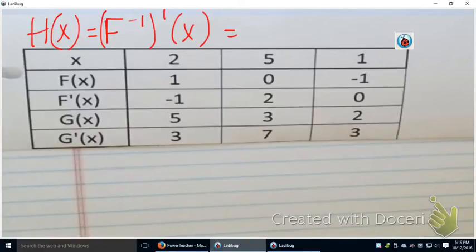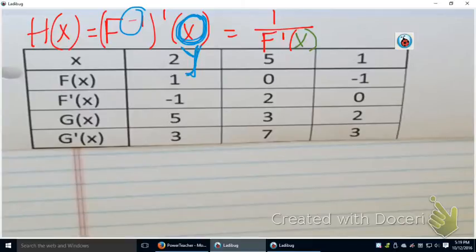The rule to find the derivative is 1 over f prime of, I'm going to go ahead and call it x, and what happens here is this really isn't x. Even if it says x, it is not x, it is always y. Because it is the inverse, whatever is in this parentheses always, always, always is y. And then what's in the parentheses over here is the x value corresponding with that y.